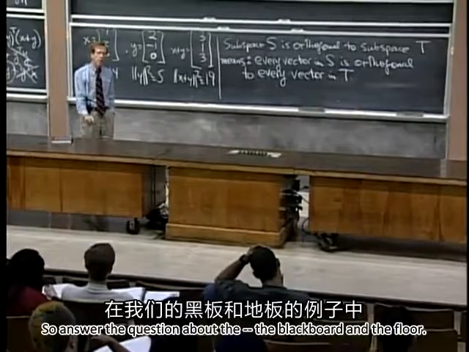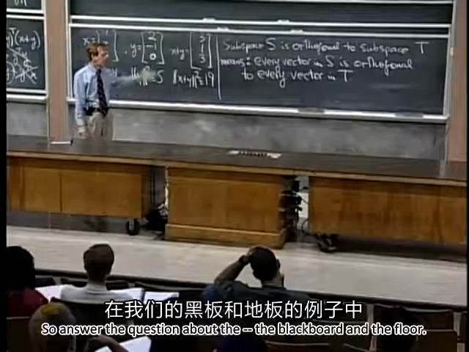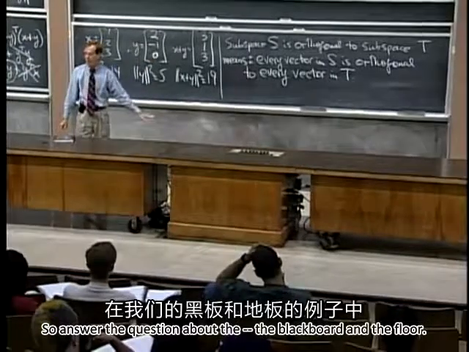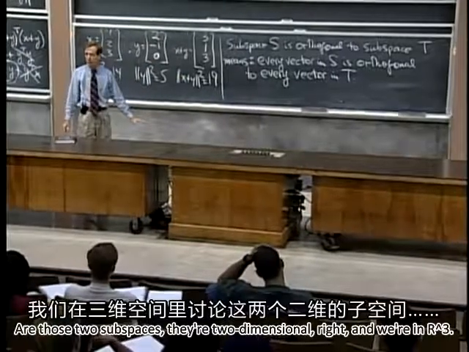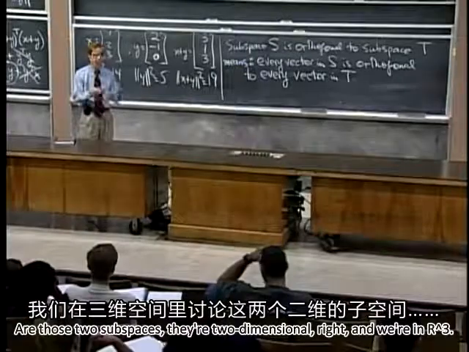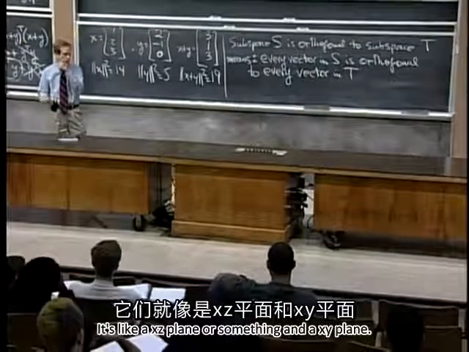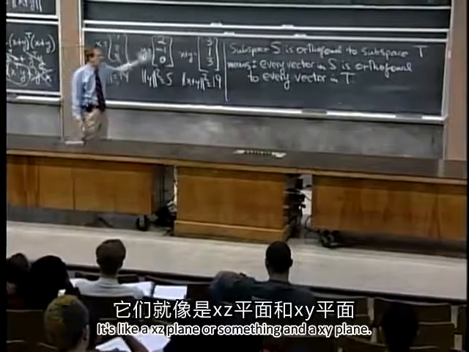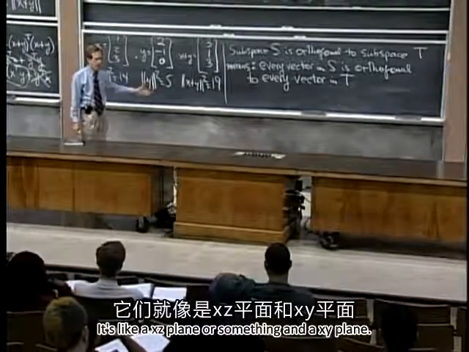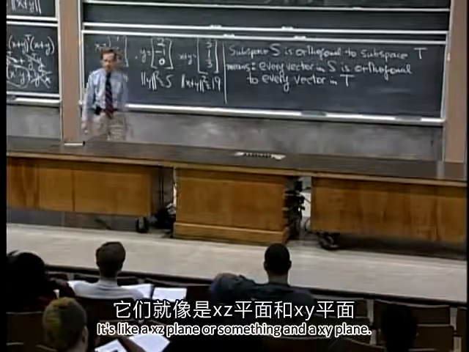So answer the question about the blackboard and the floor. Are those two subspaces, they're two-dimensional, right? And we're in R3. It's like the xz plane or something and the xy plane.